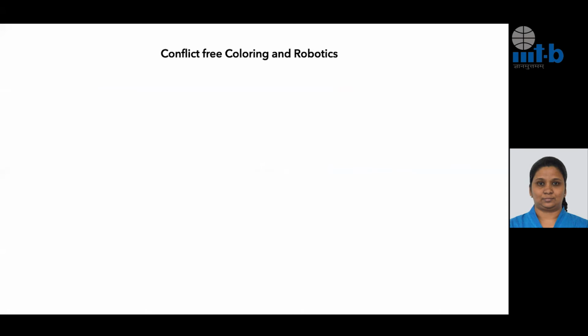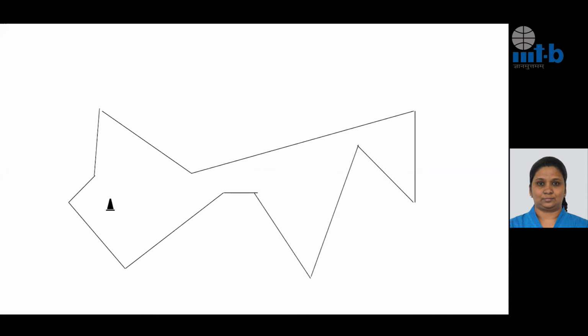Okay, so later, around early 2010 or so, there was another set of hypergraphs which was studied for conflict-free coloring, motivated by its applications in robotics. So let's consider a polygonal region, a polygon which has, let's say, n vertices, and a robot which moves inside the polygonal region.